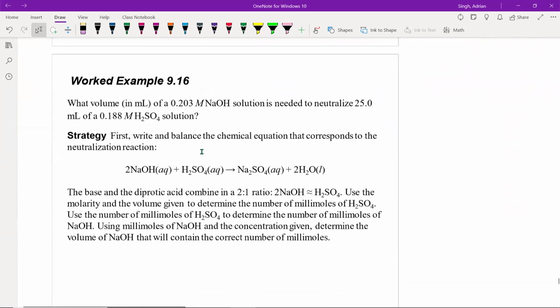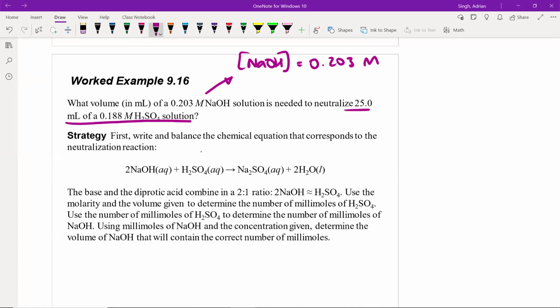All right, so here we ask: what volume in mLs of a 0.203 molar NaOH solution is needed to neutralize 25 mLs of a 0.188 molar H2SO4 solution?